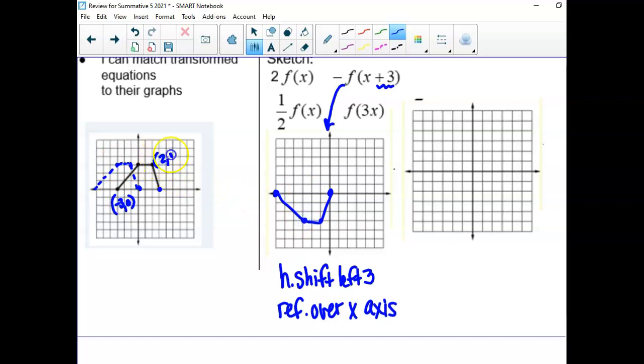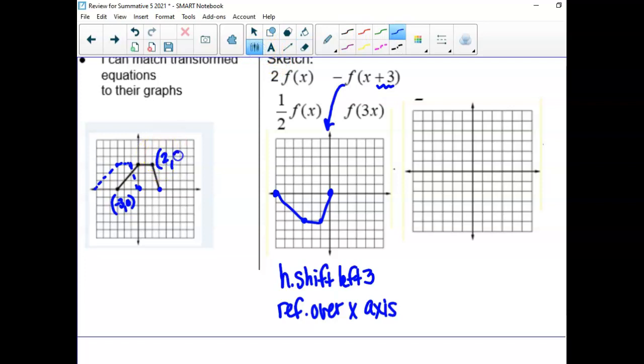And this one was at 2, 3. Oh, someone just help me here.